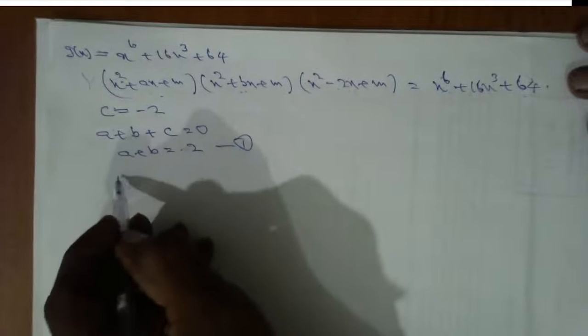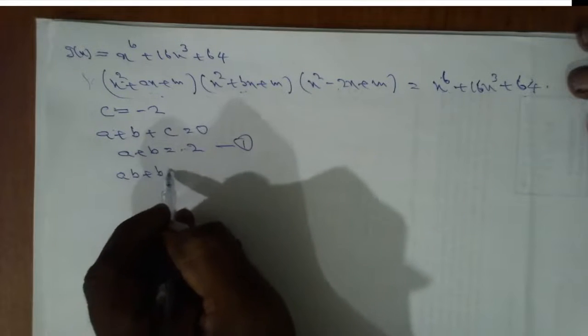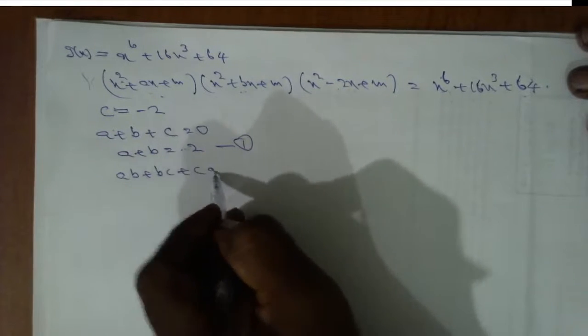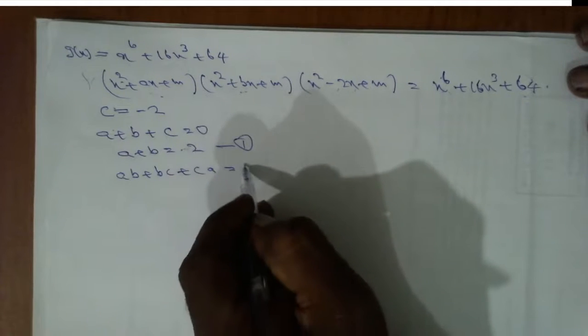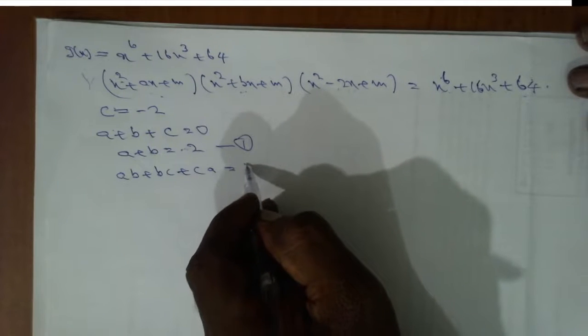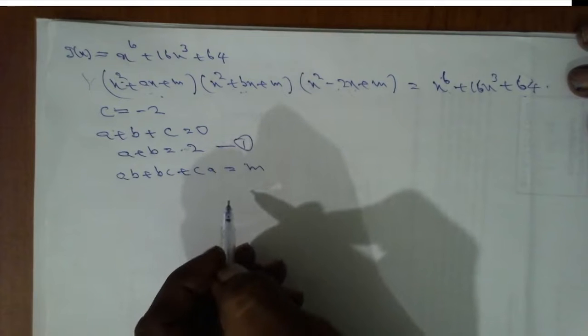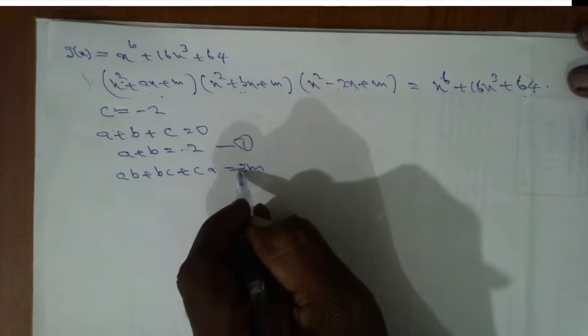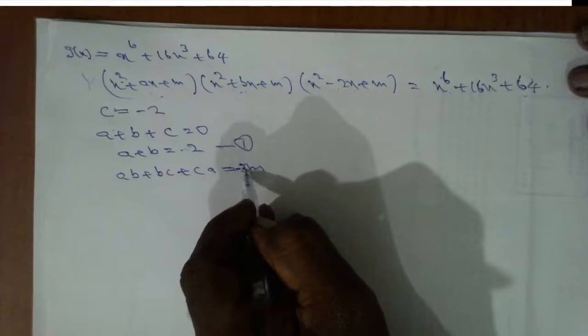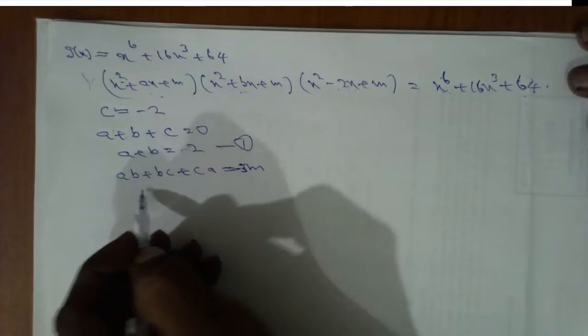The other one is ab plus bc plus ca equals minus 3m. So c equals minus 2.